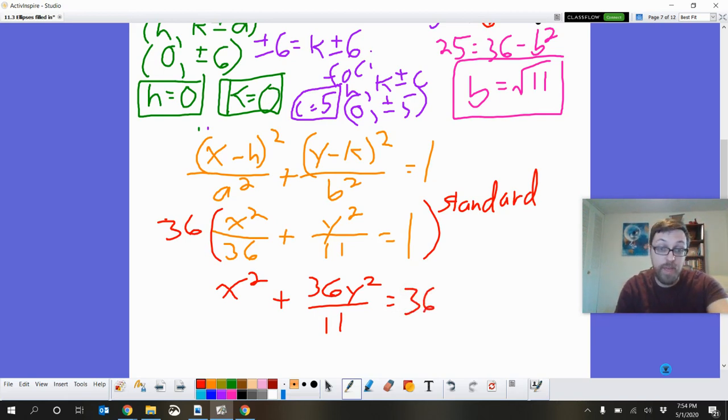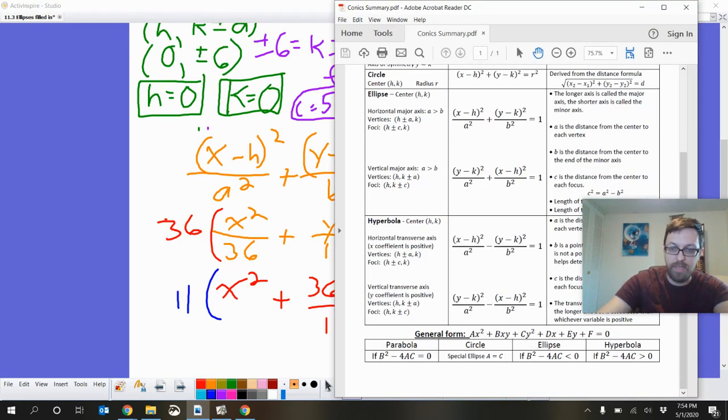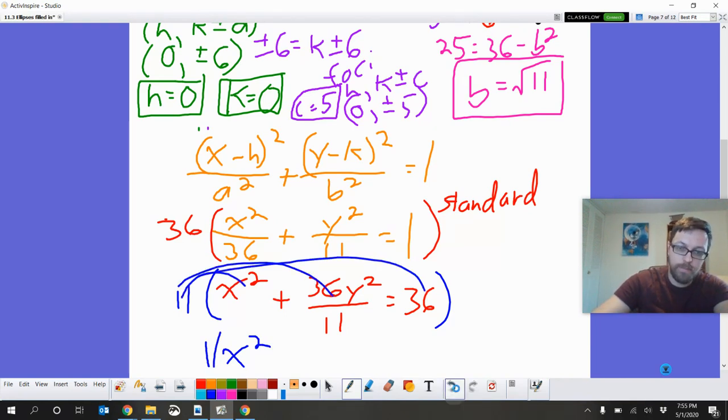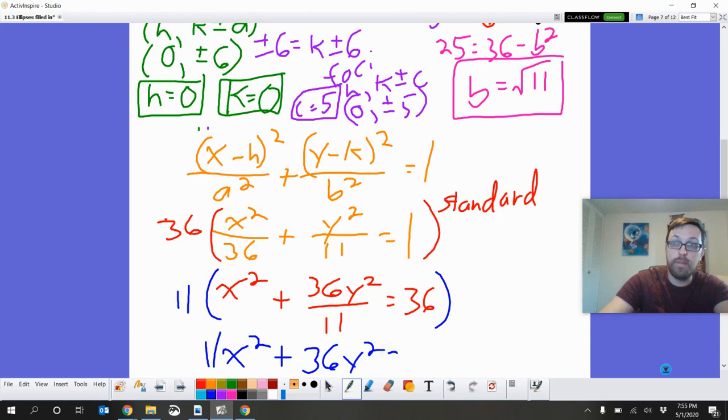Then I got to get rid of that divide by 11, so I'll multiply both sides by 11. All I'm trying to do is just get rid of the fractions and make it look like this big messy thing on the bottom here, that all multiplied out version. Multiply all your stuff. We get 11x squared, I'm distributing, plus 36y squared equals 396.